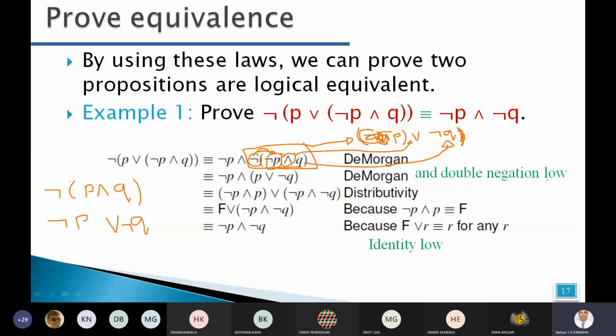If you have double negation, you can remove it because the first not takes the second not. So not not P, we can remove it and put only P. So this part becomes P or not Q using De Morgan law and double negation law.